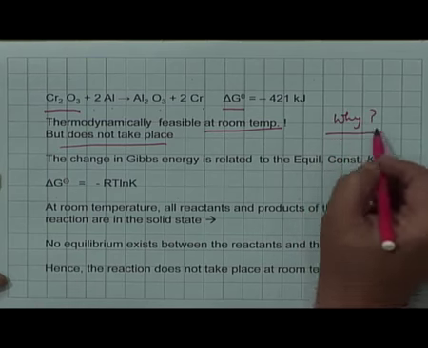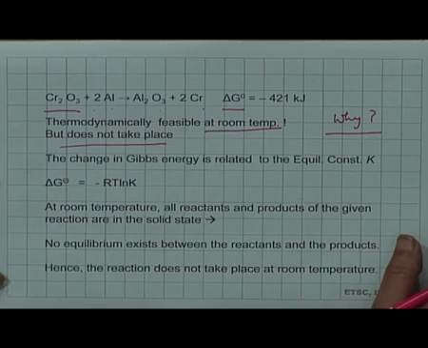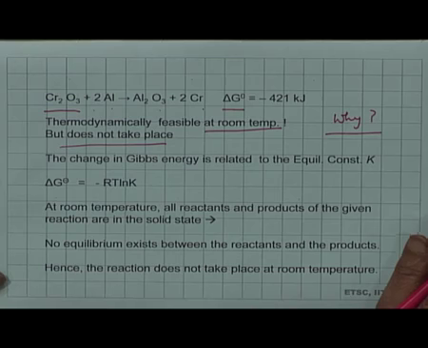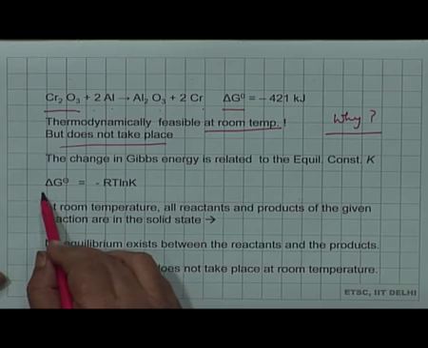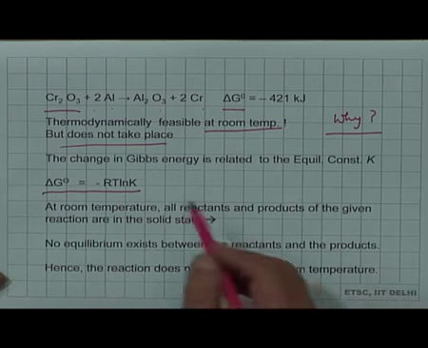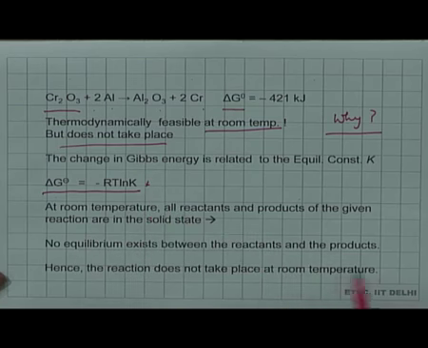Why does this not happen when it is predicted on the basis of the parameter delta G0 as well as the Ellingham diagram? We can explain this anomaly if you look at the relationship between delta G naught and the equilibrium constant.